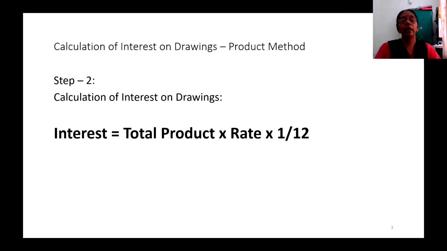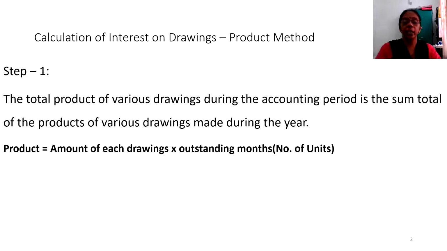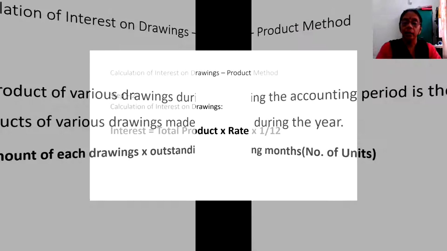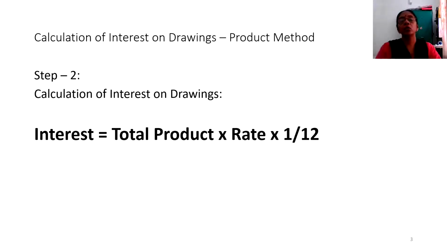Let us see some more examples in continuity of our product method sums. So step 1 tells you the product is equal to the amount of each withdrawal into the outstanding months, and total interest on drawings is equal to total product into rate into 1 by 12.